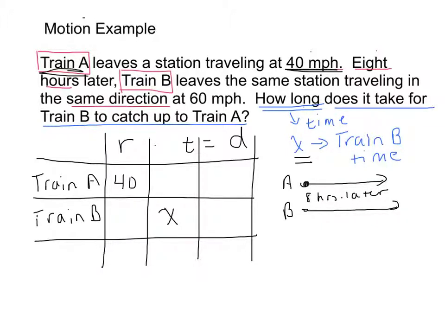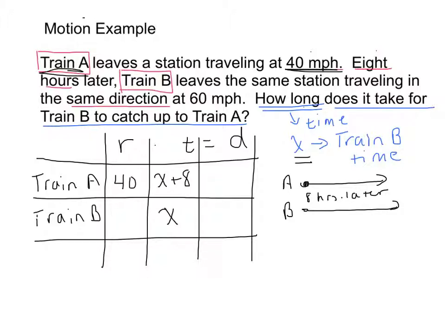Well, B is not traveling for as long a time as train A is. So I'm going to call the time for train A, train A will be traveling 8 more hours than train B. So I need to add that 8 in there to account for that time. That's how it relates to the x.